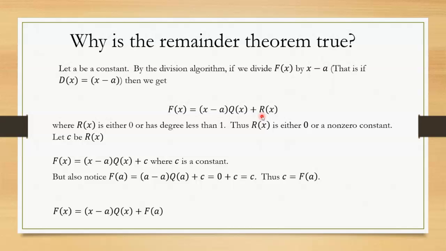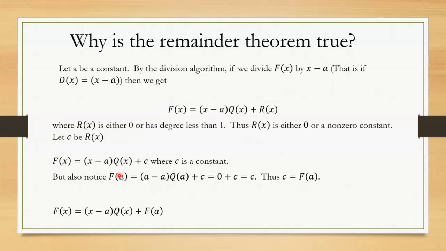Well, if its degree is less than 1, what is this degree? Its degree then can only be 0. In other words, from the division algorithm, R of x here is either 0 or degree 0. So either way, it's going to be a constant. I'm calling that constant C, okay?